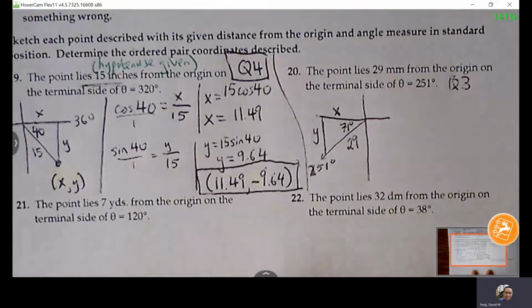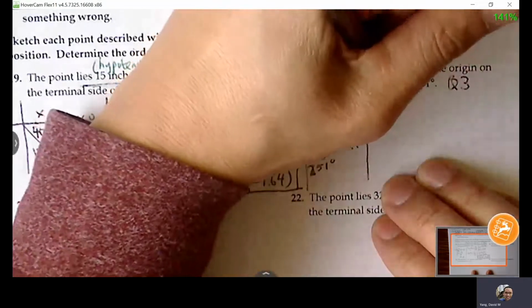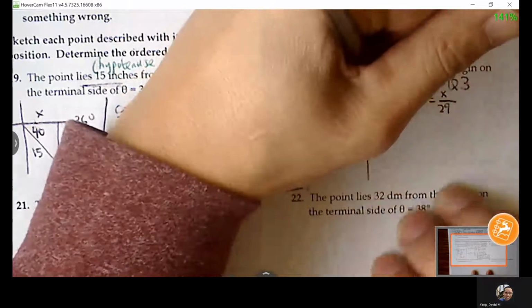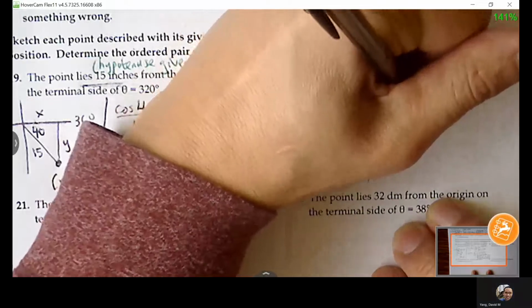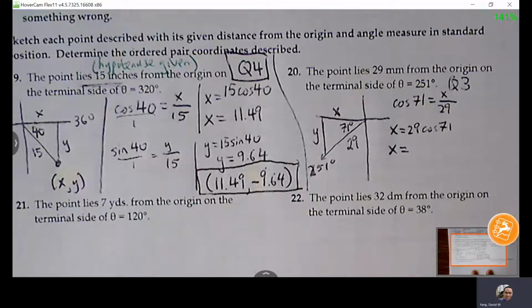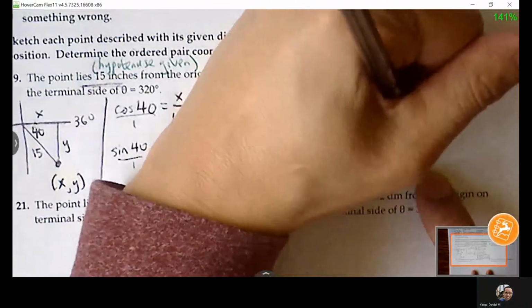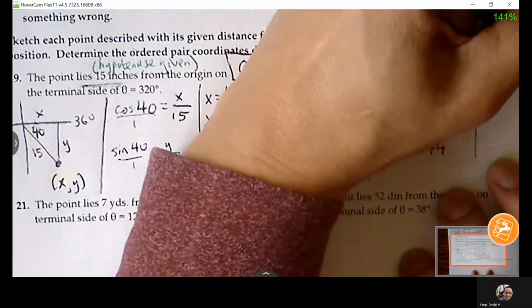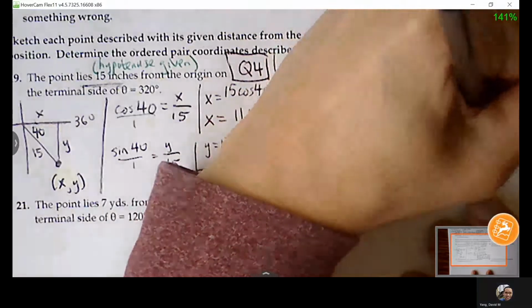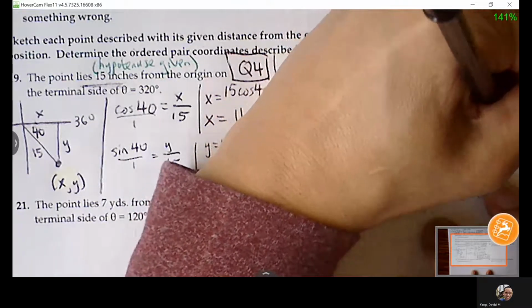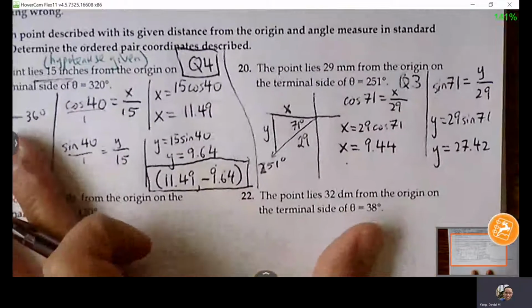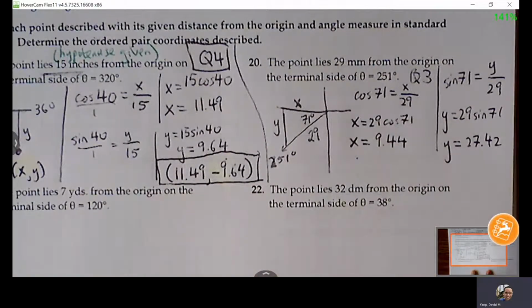Okay, see how your setup looks. Okay, that's what I got for my x and y value.